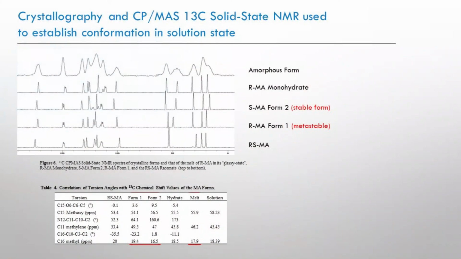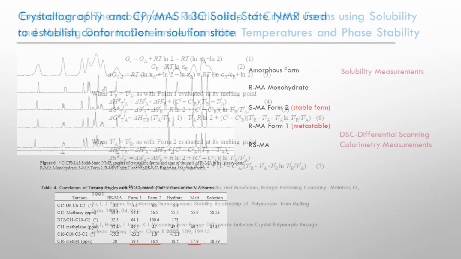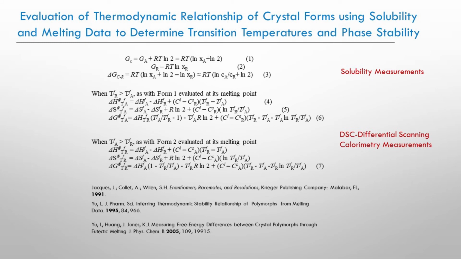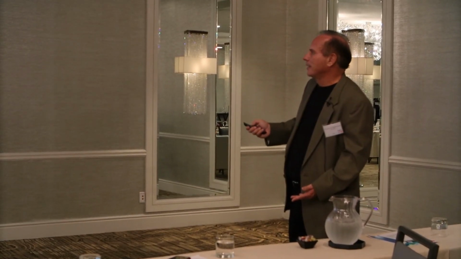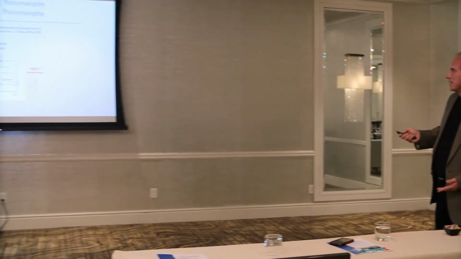I did publish it. This is the primary paper, and there's a lot of detail in there because I hope somebody would go back, try to reproduce the work for themselves, and actually find that missing polymorph. I used a variety of techniques, relating again through solubility and calorimetry, the phase diagrams, and also the solubility analysis.